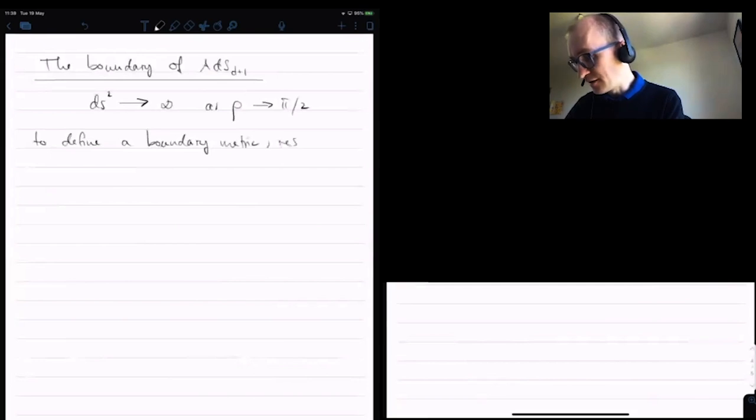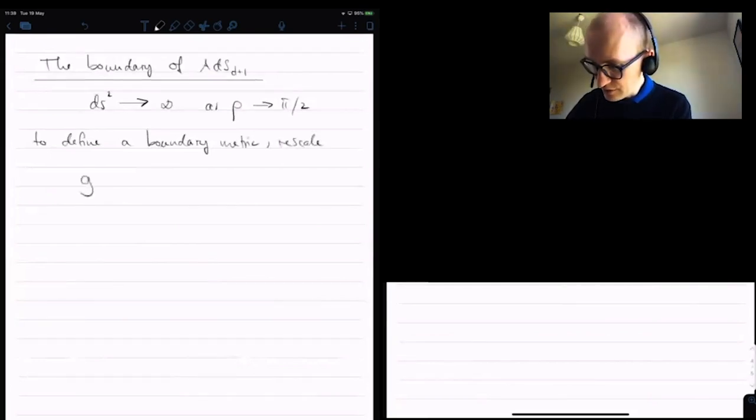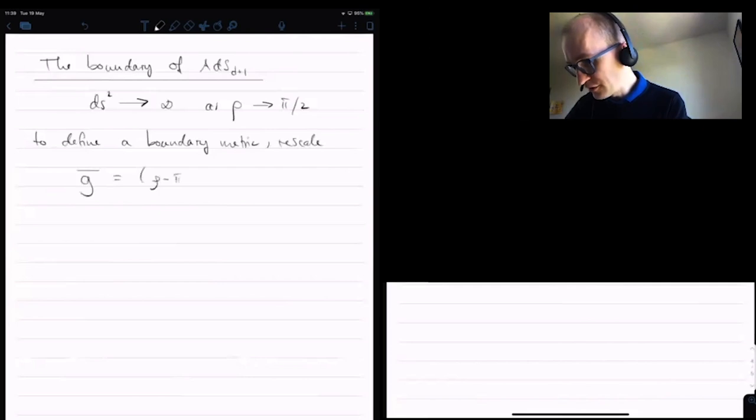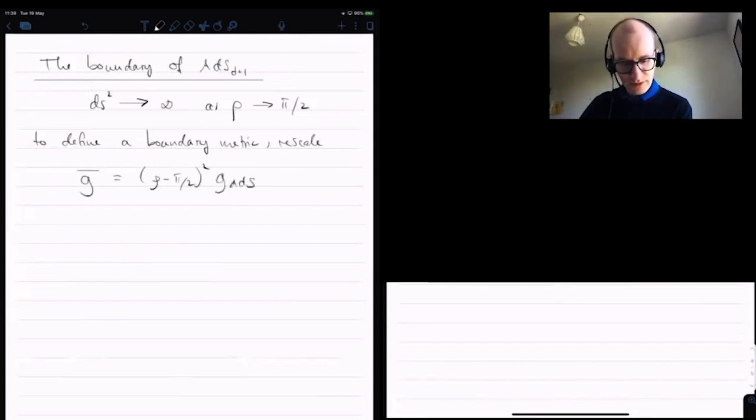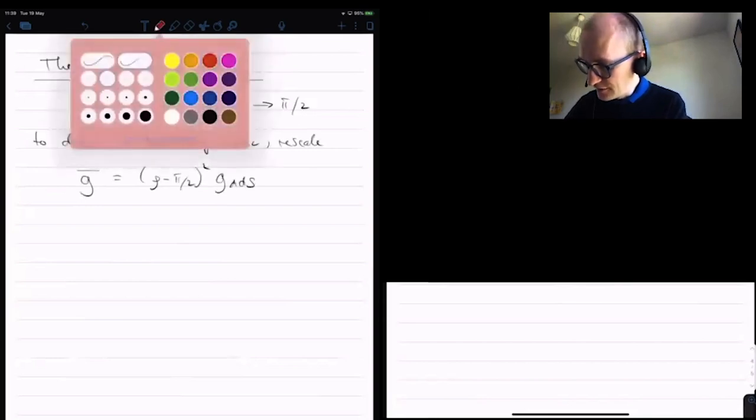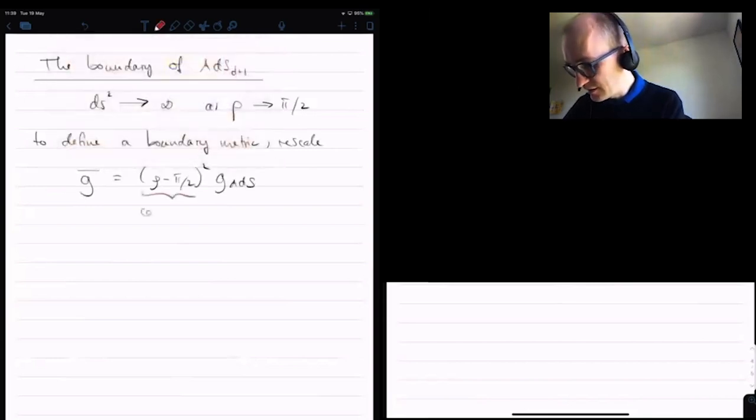We rescale, in other words, such that we have some metric that I call G bar now, which is of the form rho minus pi over 2 squared times G ADS. So what I've done is precisely cancel the pole, and just the pole.